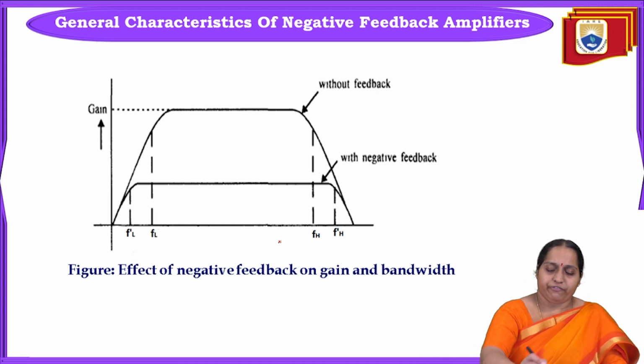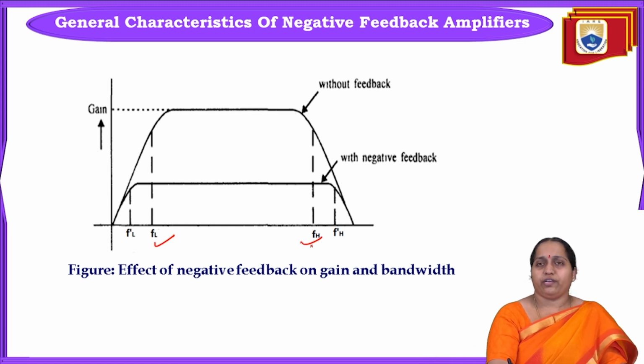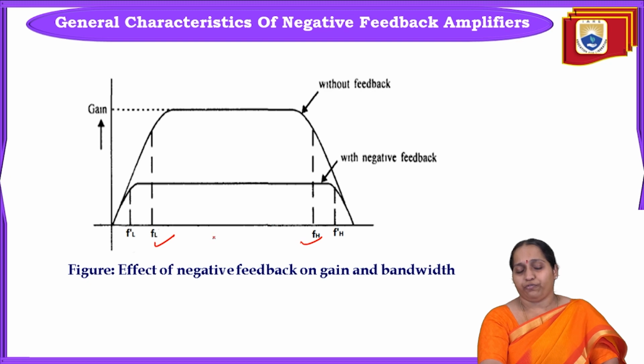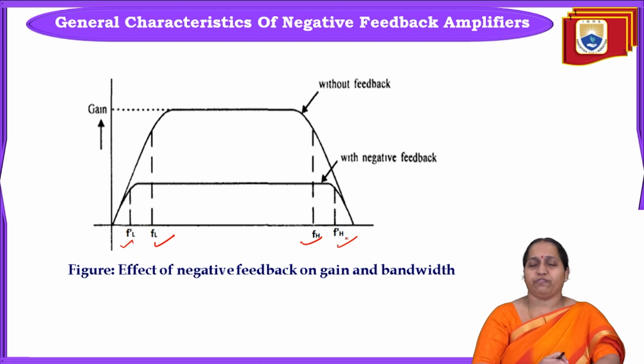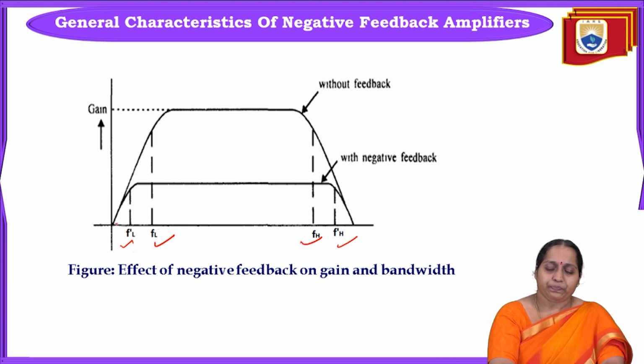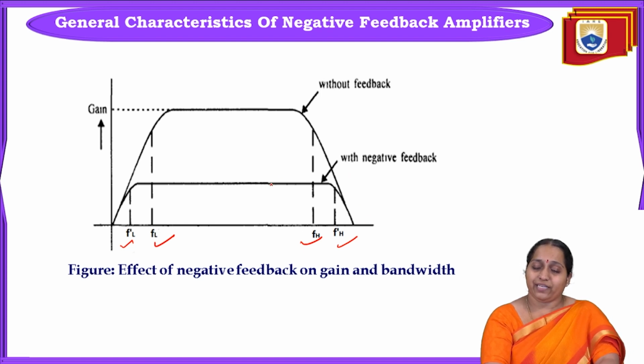So this is FL and FH, lower and higher cutoff frequencies without feedback. FL dash and FH dash are lower and higher cutoff frequencies with feedback. So as you can see, what is happening here? The bandwidth is increasing in case of feedback, but gain is reduced. Whereas without feedback, bandwidth is less, but gain is high.